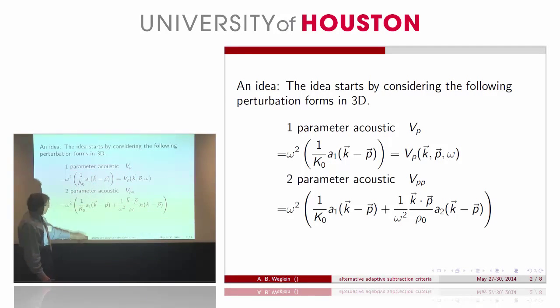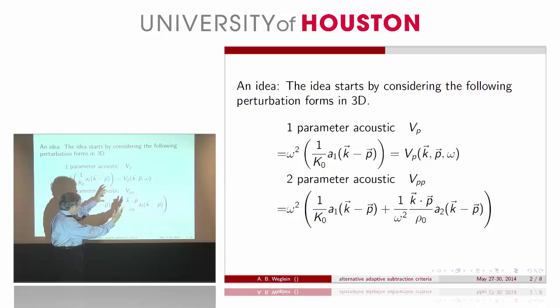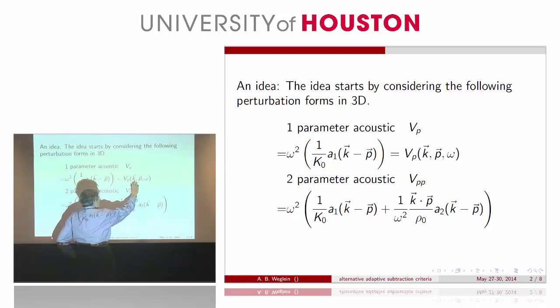This is not relative change in velocity, but relative change in bulk modulus. Then this is what a sandwich of that perturbation would look like in a Fourier sandwich: in space, you take e to the i k dot r, e to the minus i p dot r, prime omega, and do a sandwich.